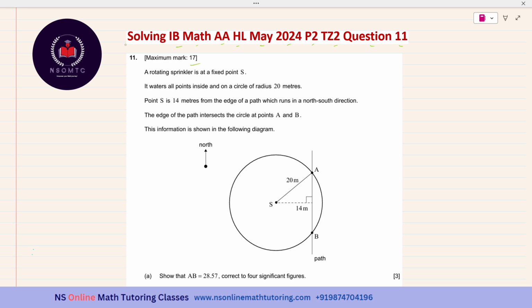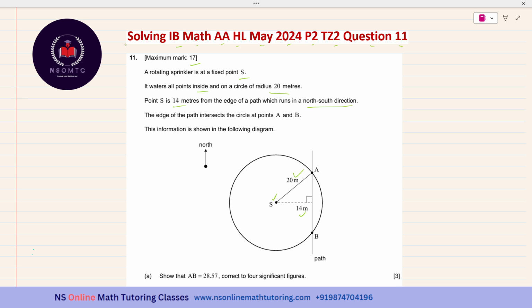The maximum mark is 17. It says a rotating sprinkler is at a fixed point S over here. It waters all points inside and on a circle of radius 20 meters. Point S is 14 meters from the edge of a path which runs in a north-south direction.